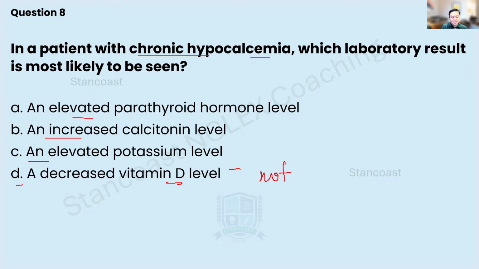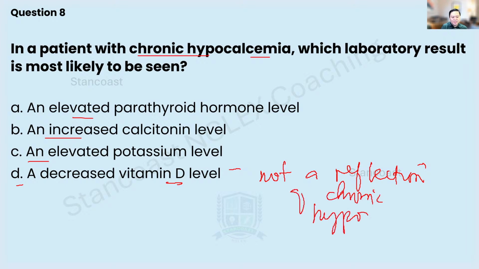It is not a reflection of chronic hypocalcemia, so we are not going to select this one. If you answered letter C, elevated potassium level, there's no relationship between the potassium level and chronic hypocalcemia. It's not going to be affected.